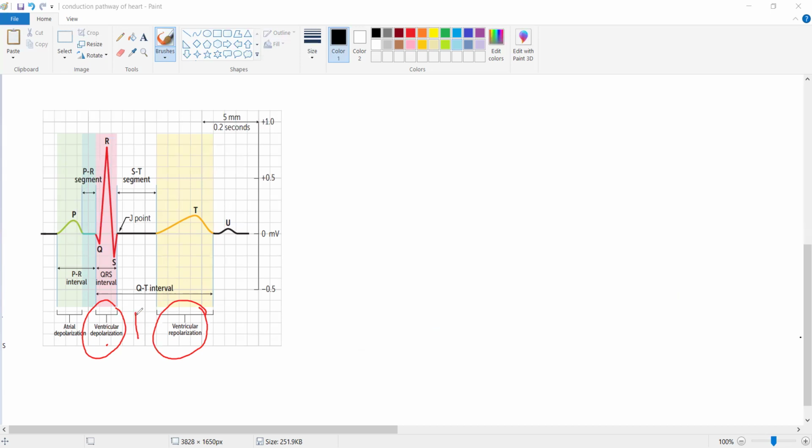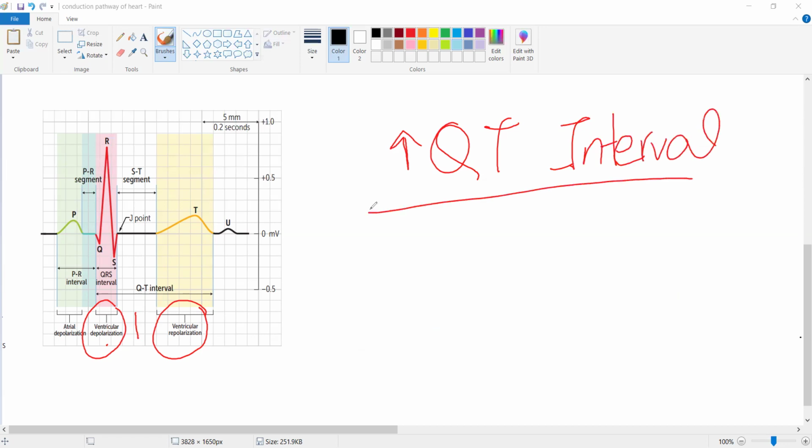So can anybody tell me the clinical importance? It is increased in class 1A and 3. Which class is 1A?